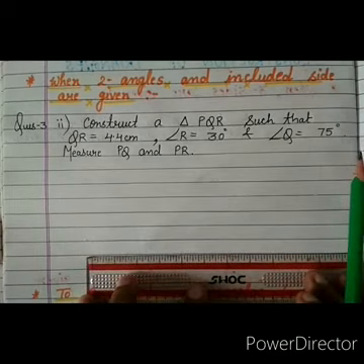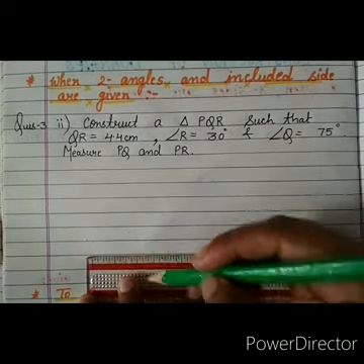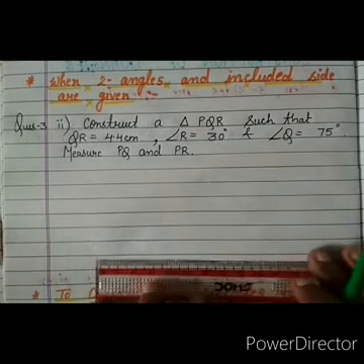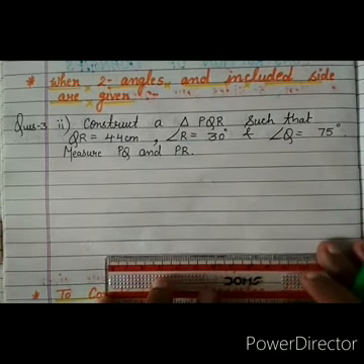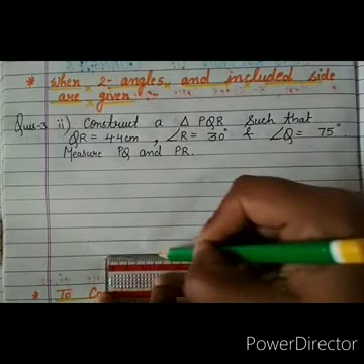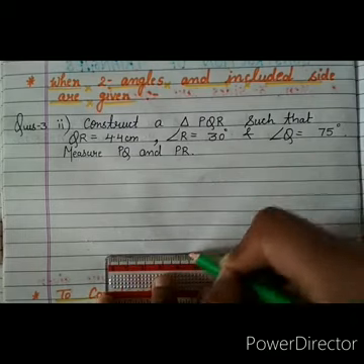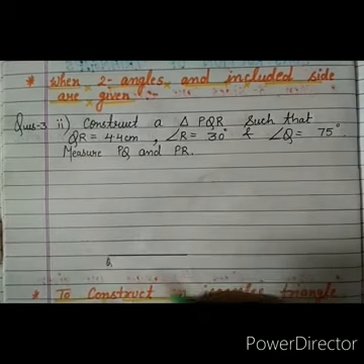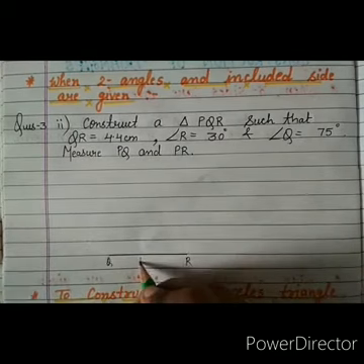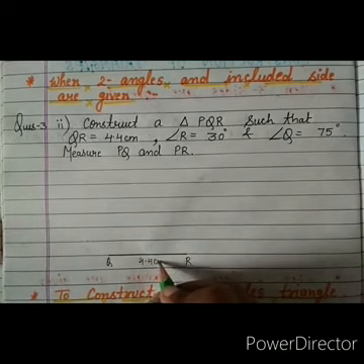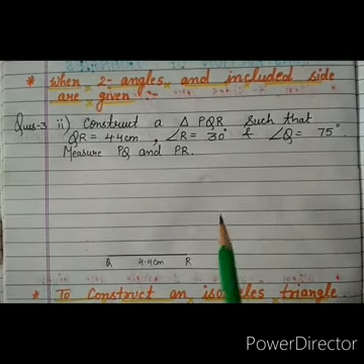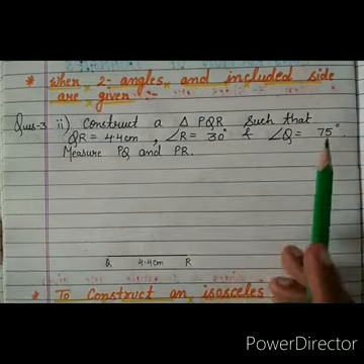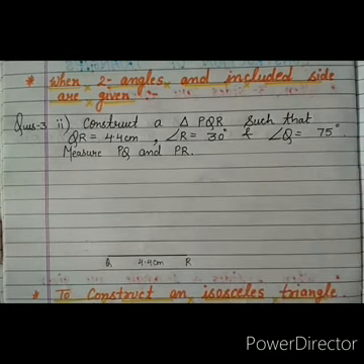So make a line segment of 4.4 centimeter in this way, and take it as base QR of the triangle. Now we have given two angles, angle R is 30 degree and angle Q is 75 degree. So we have to construct these two angles with the help of compass.